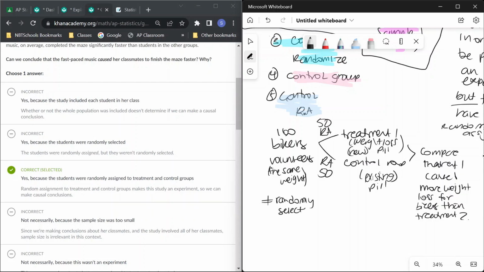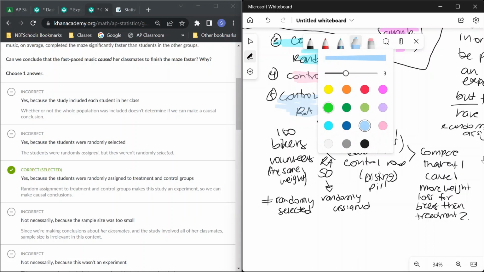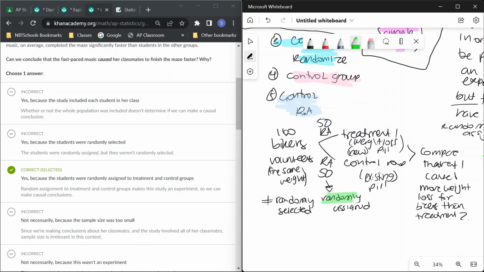Okay, so I get to the point, right? Because our group wasn't randomly selected, but it was randomly assigned, this is an experiment only because the group was randomly assigned. If it wasn't randomly assigned, it would not be an experiment.